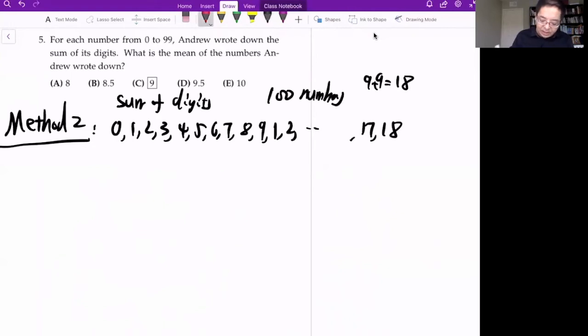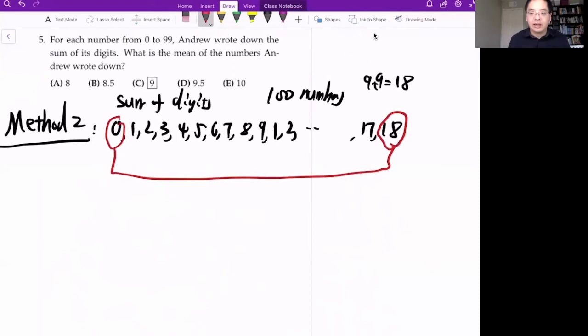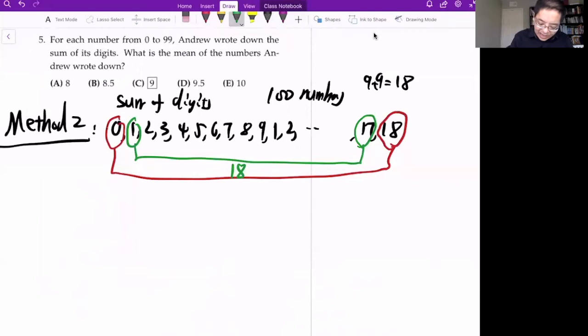Now, if you look at those numbers, you find 0 together with this one is 18, and 1 with 17 is also 18, right? And we expect the 2 goes with the next one, 16, so we have also 18.